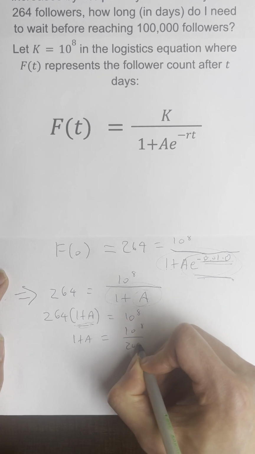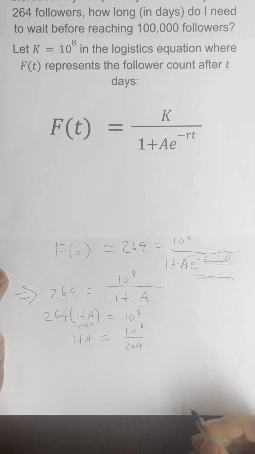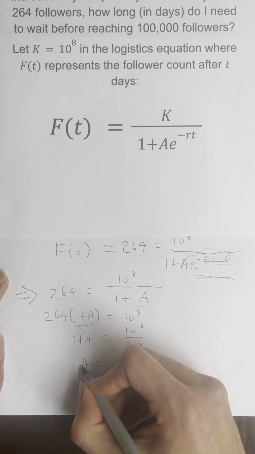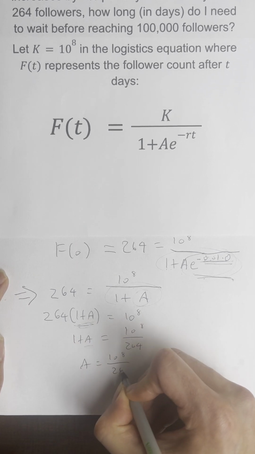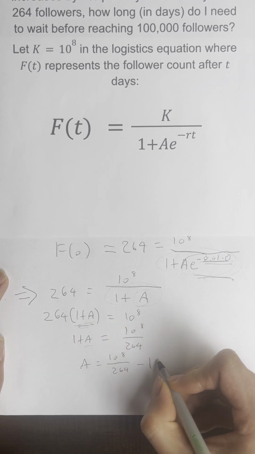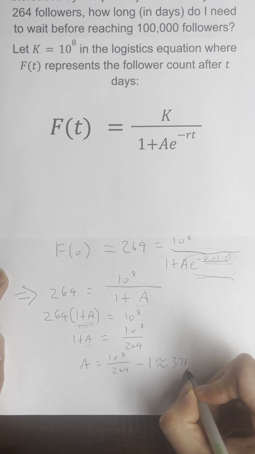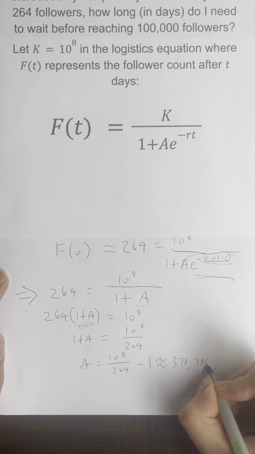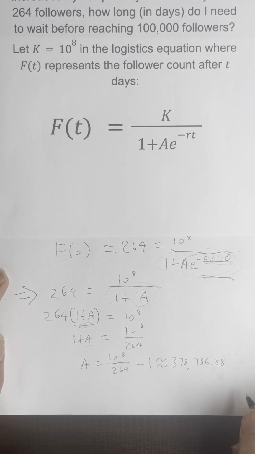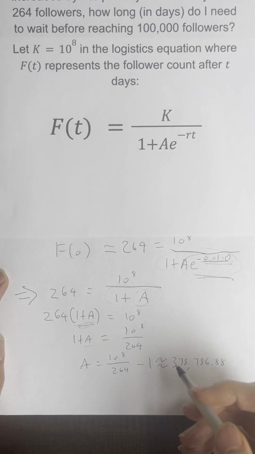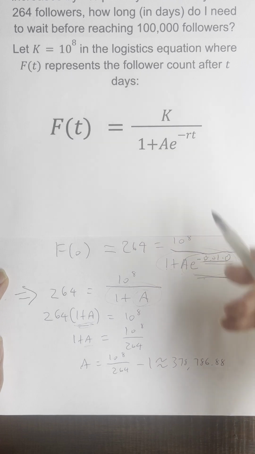By 264. And how do we get a by itself? We're going to subtract 1. And this is approximately 378,786.88.